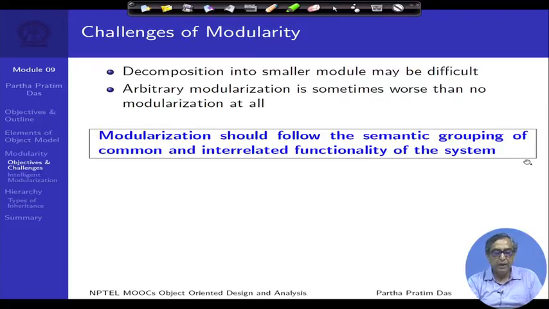Often it needs quite in-depth study of the system, understanding of that, experience of design, and often the use of other elements of object models, like identifying what are the abstract concepts, what are the possible encapsulations, even what is the hierarchy if something is existing, and so on. So, it is not always an easy trivial task.